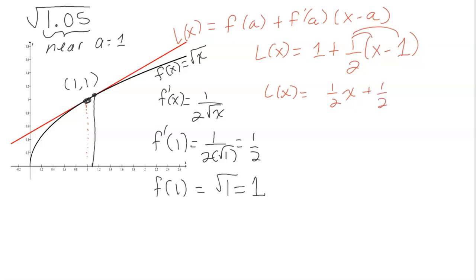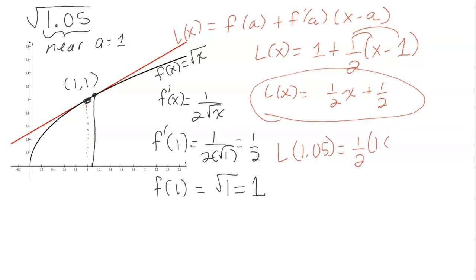So using this linear approximation, square root of 1.05 is going to be 1/2 times 1.05 plus 1/2.